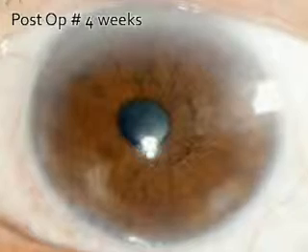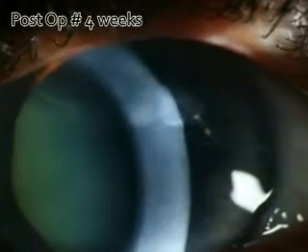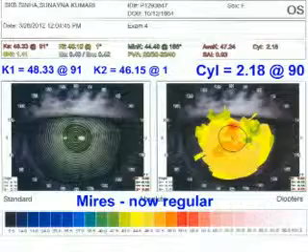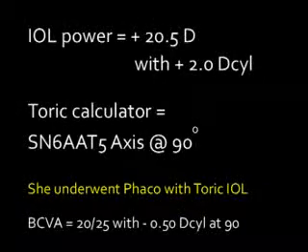Cornea reepithelized by 4 weeks. Corneal topography was regular with astigmatism of 2 diopter. Then a toric IOL was implanted in this patient.